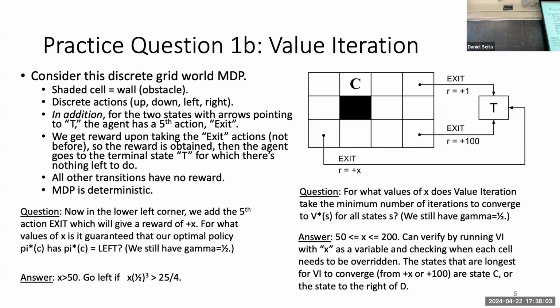Yeah, so if x is less than 50, the cell above the shaded one will get overridden, right?